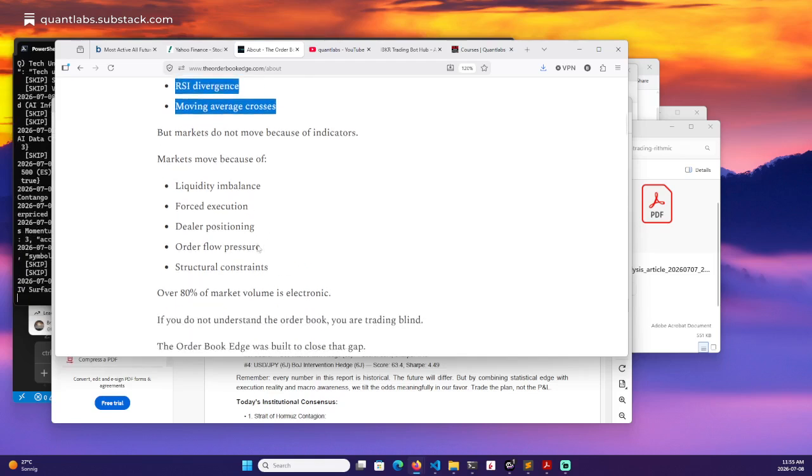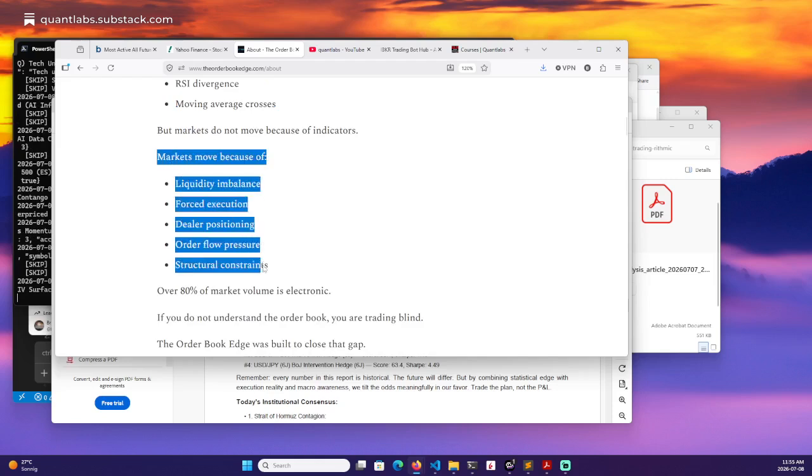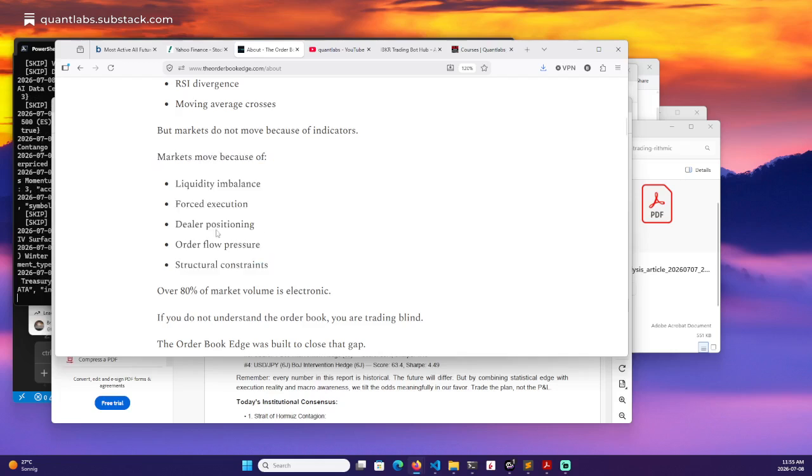Very important to understand. But what really sets up the market are these participants, dealers, and sometimes forced execution, liquidity imbalances. That's where your hedging and your arbitrage comes from, and that's what a lot of the high frequency trading shops will use as your inefficiencies in the markets. The other thing is using order flow pressure, as is shown in the news PDF.